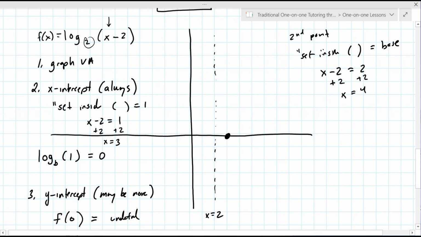So when x is 4, whenever you follow this path, the y value will always be 1. And that's your second point. Nice.